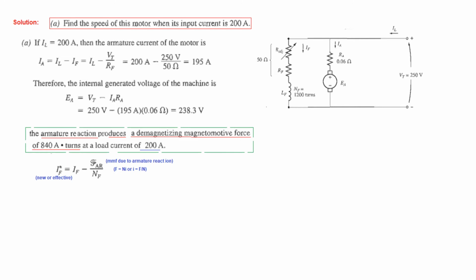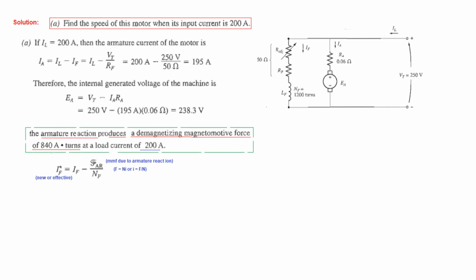So the effect of this we can find is IF minus this force divided by NF. Now we know that force is equal to N into I, the number of turns multiplied by current, or I is force divided by N. So this I, due to the armature reaction, is the reaction force 840 divided by NF, the number of turns, 1200.